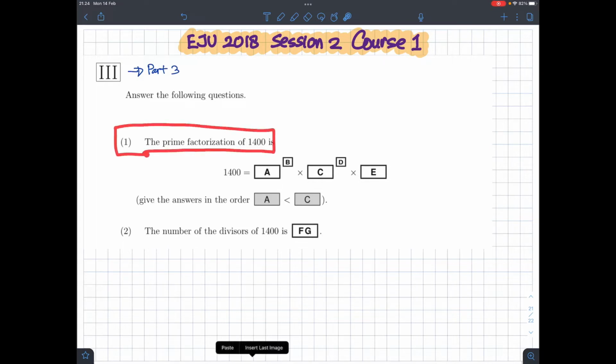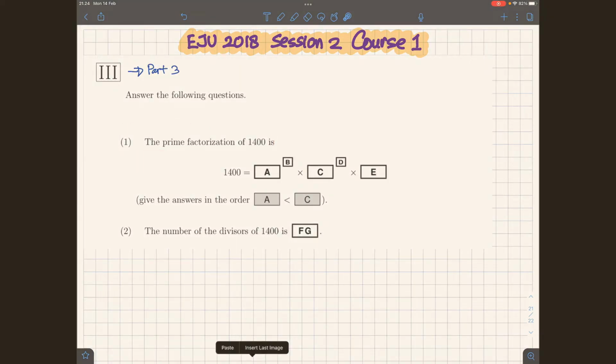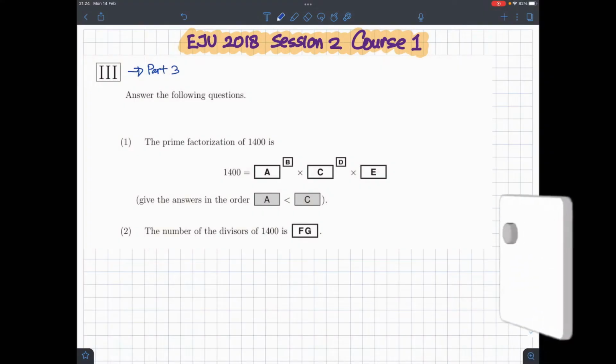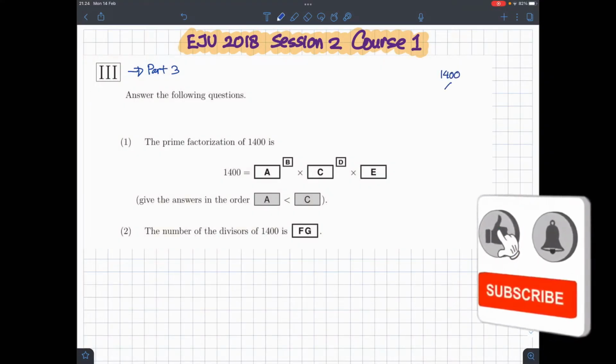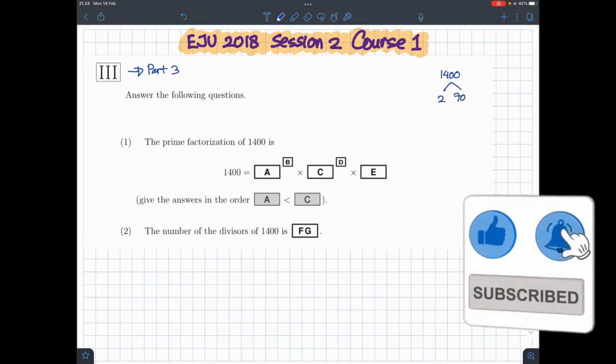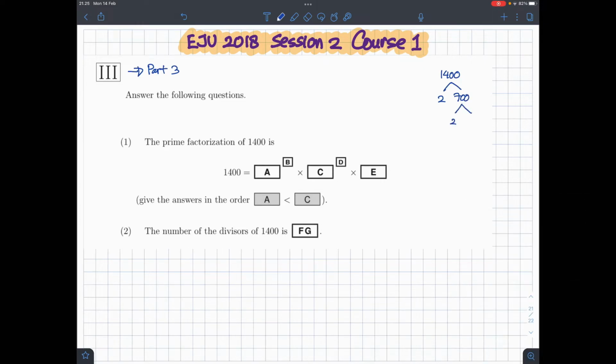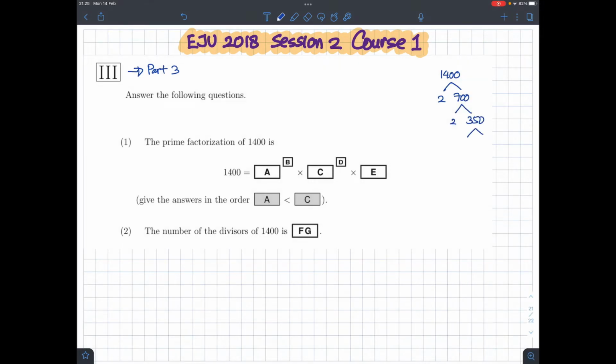In the first part they ask about prime factorization. Not too hard to find. You just make a tree diagram like this. I think this can be 5 and 70, and 70 can be 7 and 10, and 10 is 2 and 5.